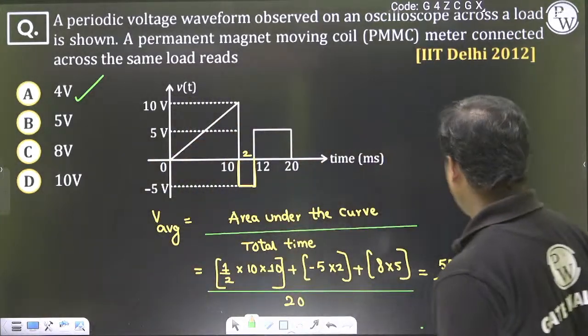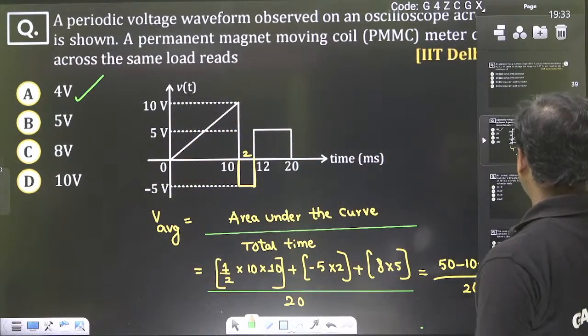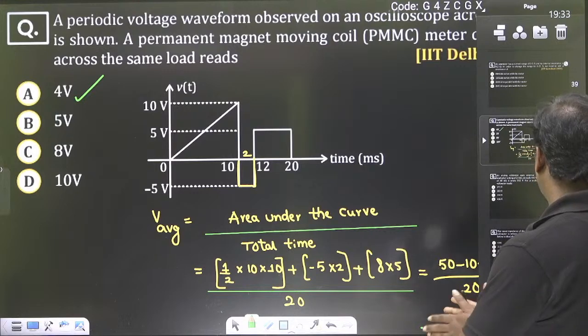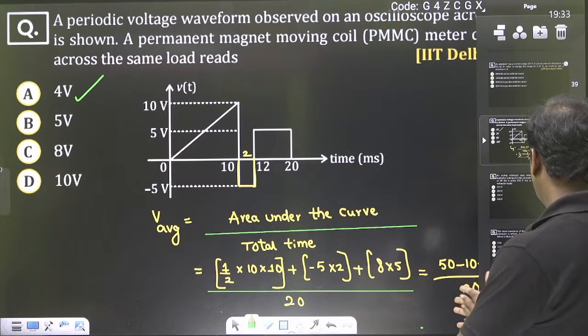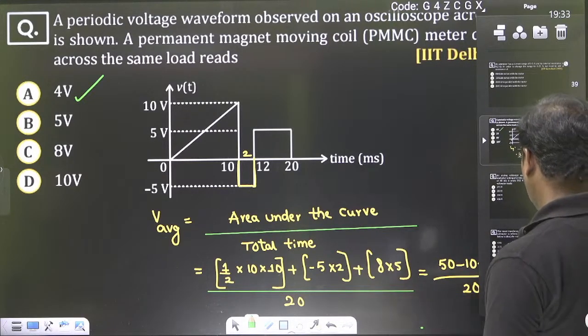Okay, so let us go for one more question. How to solve this question?